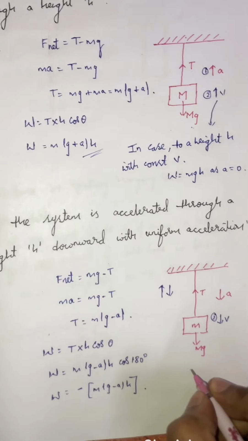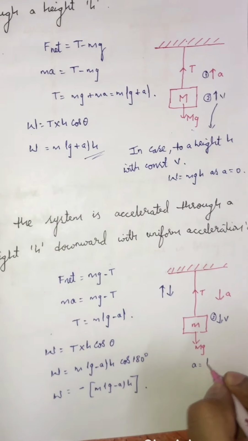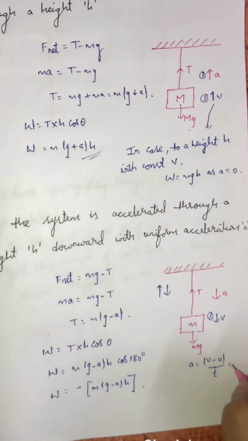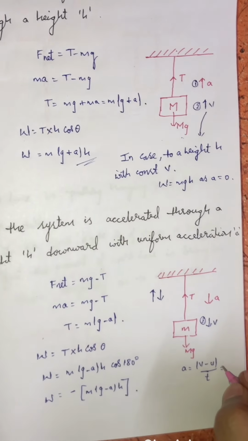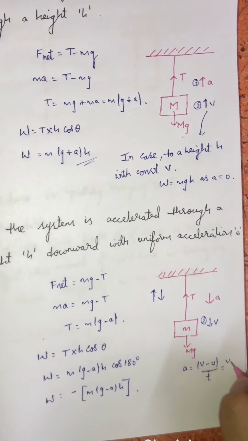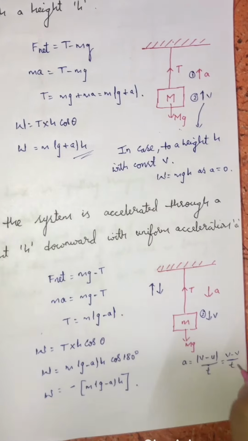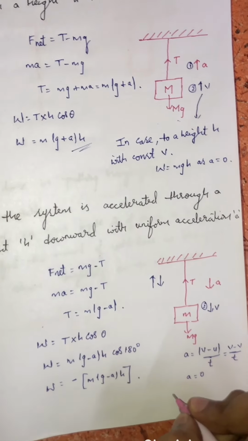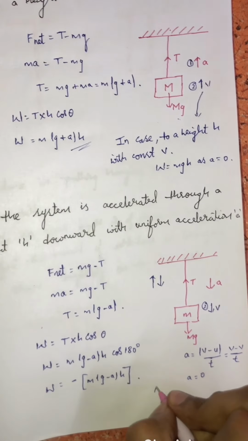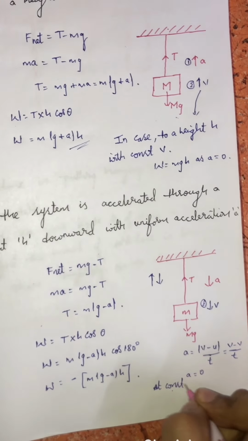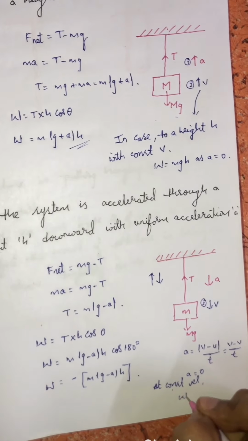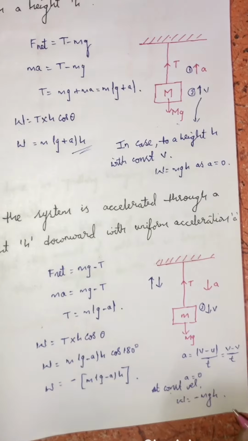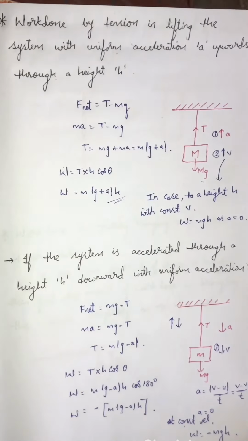Acceleration is equal to (v minus u) by t, as the final and initial velocities are both the same since velocity is constant, so v minus v by t, so acceleration is 0. So at constant velocity, work done is equal to minus mgh. That's clear. Now, shall we do a problem based on this concept?